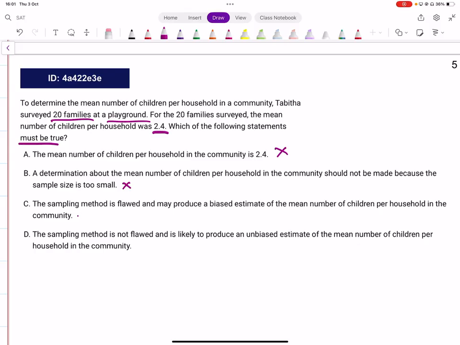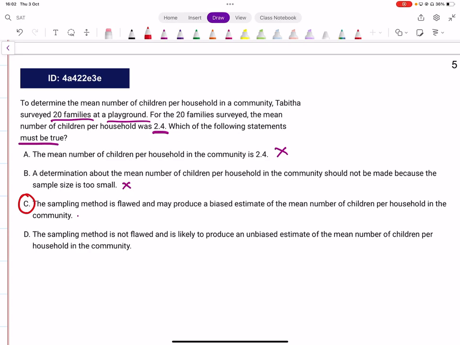They would not be at the playground. So if you're just calculating the mean for those families who do have children, that's going to be biased, because there will be some families who don't have children and they're not at the playground, unless they want to play themselves, which most likely would not be the case. So it's a biased estimate. Okay, so that's C. Is that okay? It takes a little thinking. All right. Let's move on.